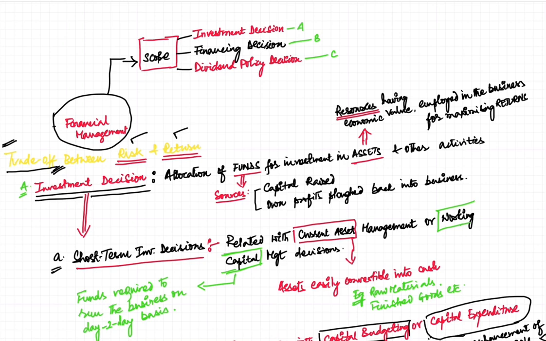Like yesterday we talked about, why do you manage finance? So that profits are maximized. So instead of thinking of only maximizing the profits, we are talking about minimizing risk and maximizing returns.